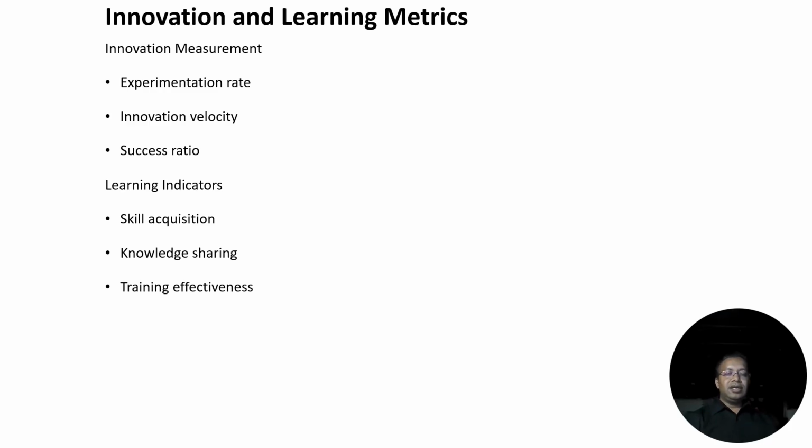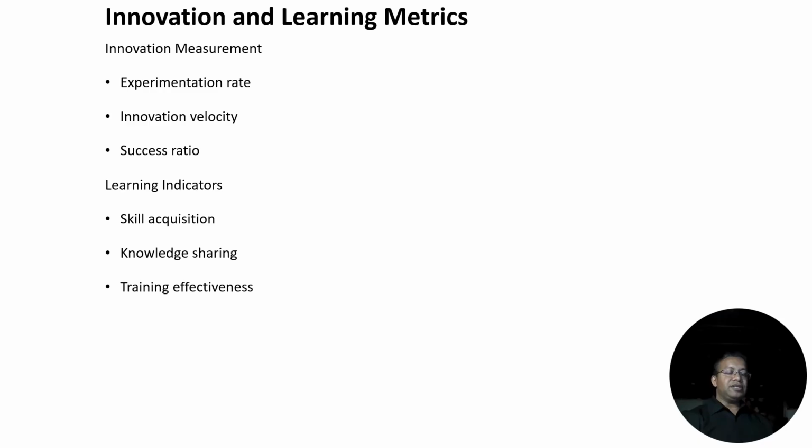Learning indicators: how many skills have our employees acquired, the breadth and scope of this skill acquisition, knowledge sharing within the company, having a very strong repository of knowledge on which employees can base their learning, and can utilize a database for identifying problems and implementing solutions.